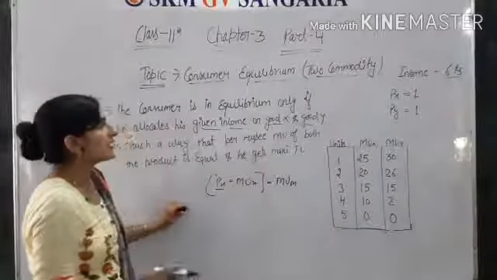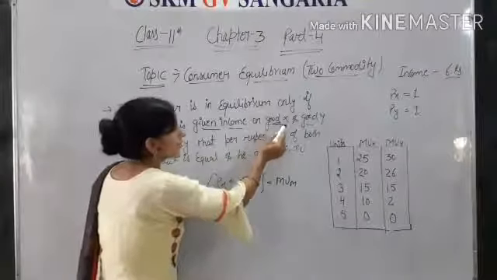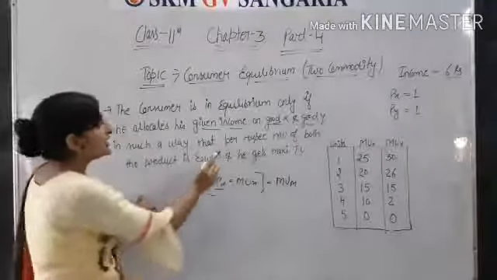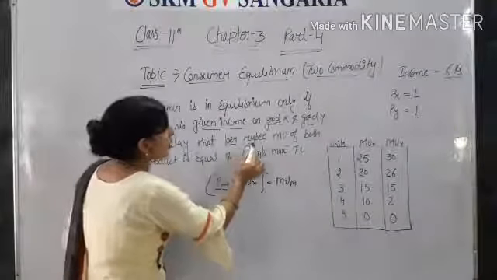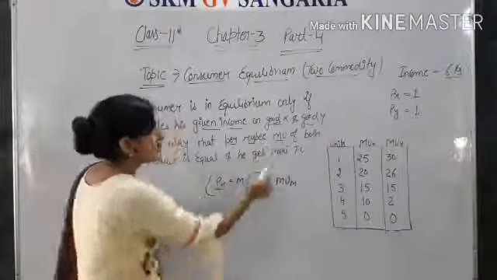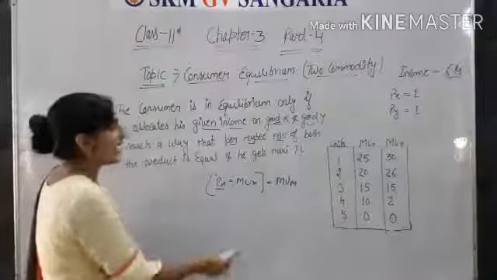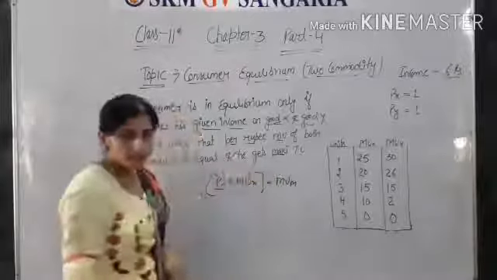The consumer is spending his income on good X and good Y in such a way that the per rupee marginal utility of both products is equal and he gets maximum total utility.